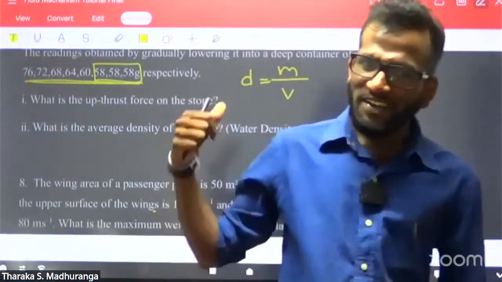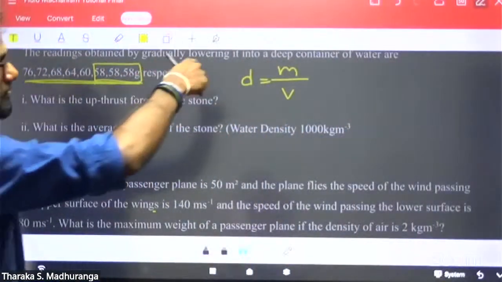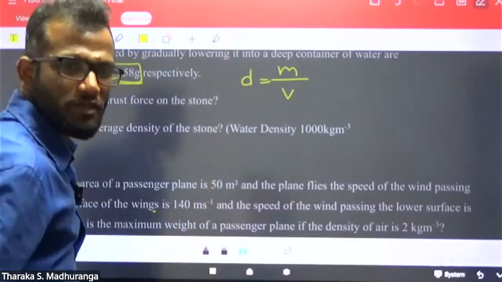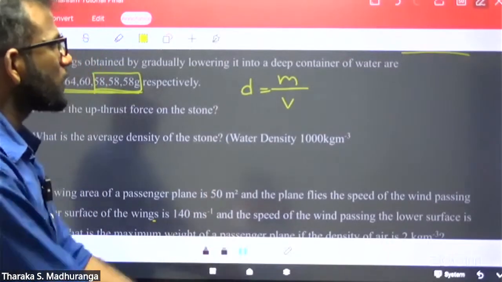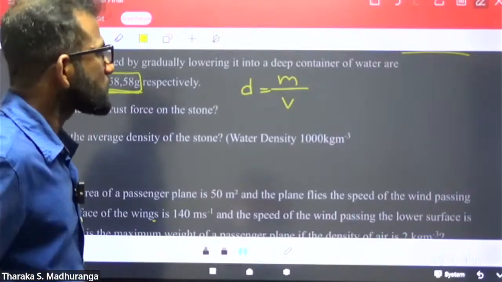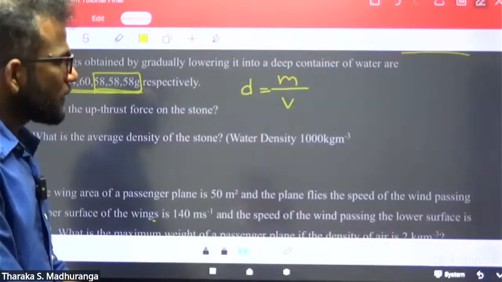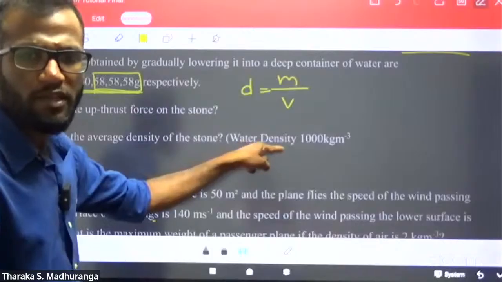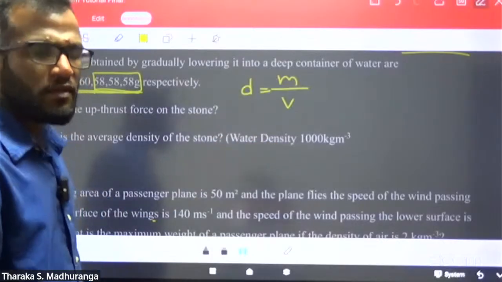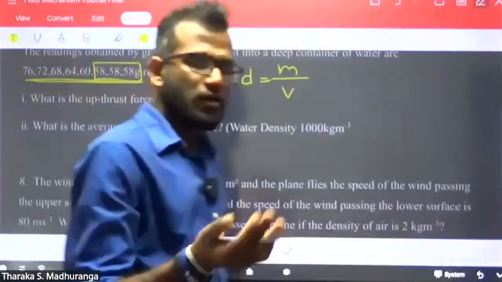What is the average density of the stone? The density equals mass over volume. Mass is given, it is 80. Mass is simple. Now how do we get the volume? The water density is given. There is a hint.